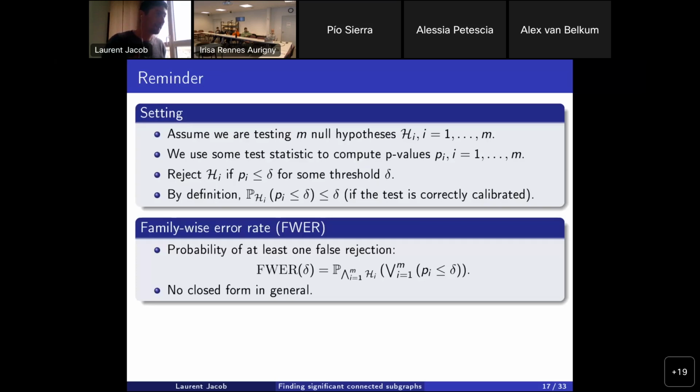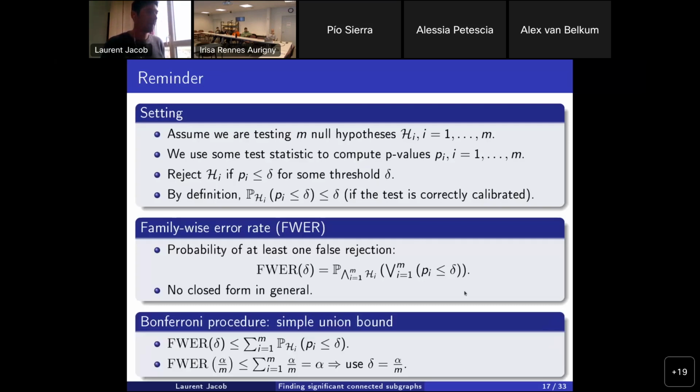So we're making at least one false rejection under the hypothesis that all of them were null. And there is no closed form for this probability in general. And this is why Bonferroni proposed this procedure, which is to use a very crude bound, but very general too, which is called the union bound.